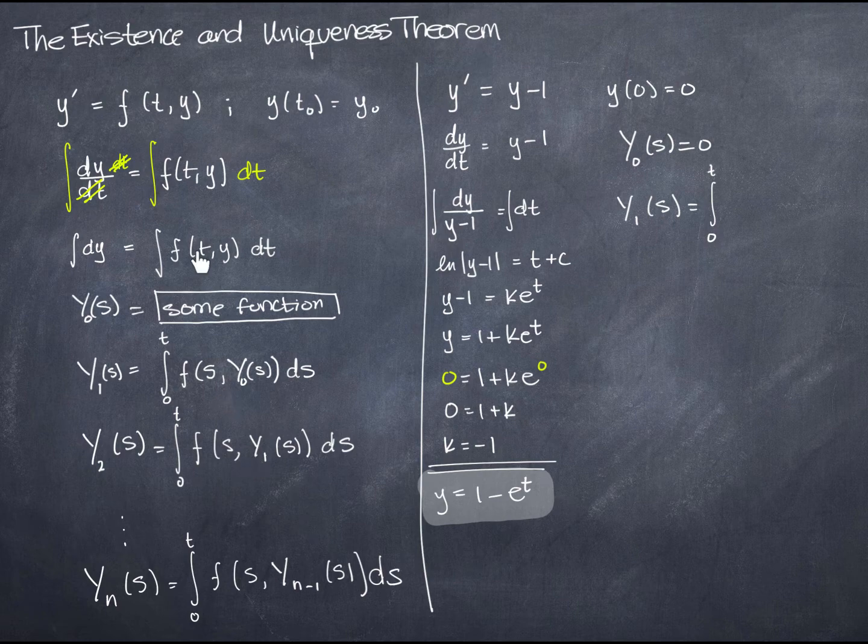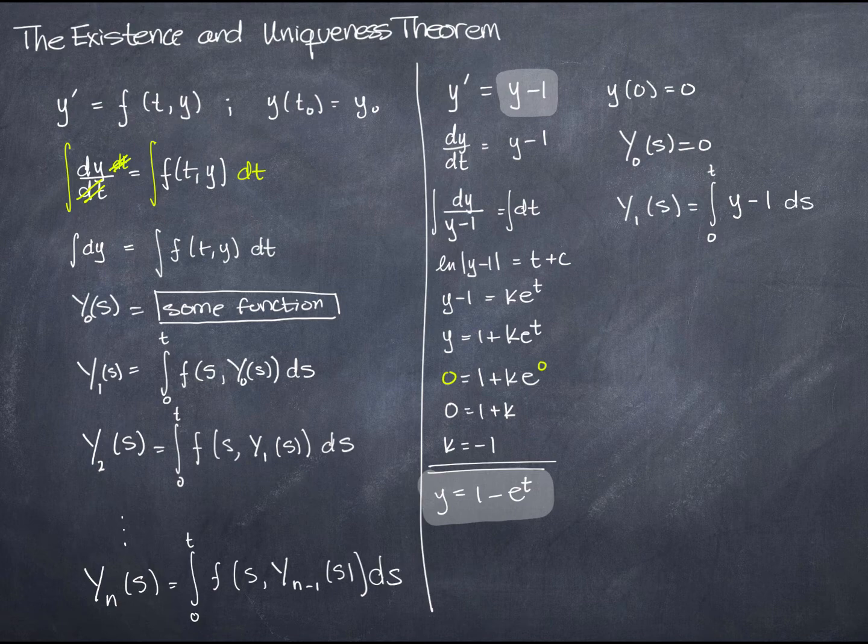And that comes from this place right here. That's my y prime. So I'm using this function right here. So my y prime, my f of t and y, or my f of s and y, is that function right there. So that's what's going to go in here. And I will just write it that way for now so that we can see what's happening. That's the function that's going to go in there, and I'm going to integrate with respect to s.